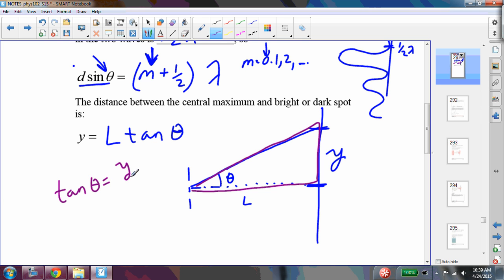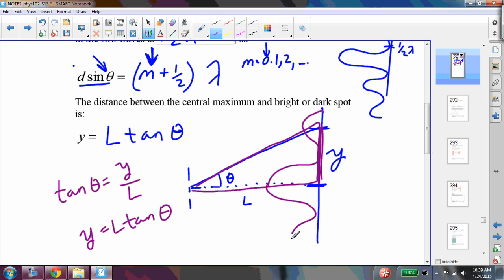So the tan of theta is y over L. So y is equal to L tan theta. That's this distance. So if I have, for example, let's say that this is my bright spot, and I want to know the distance from the central maximum to the first bright spot, that would be my value y.